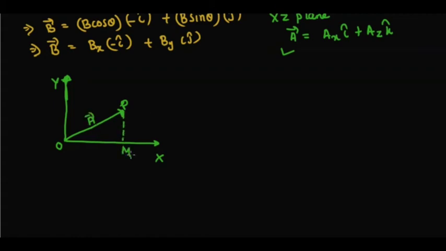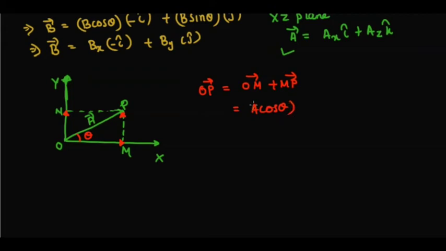This point is M and this point is N. Okay, and we had defined vectors OM and ON, and ON vector is the same as MP vector, and we had written that OP vector is equal to OM vector plus MP vector, and this OM vector is nothing but A cos theta. This angle is theta.